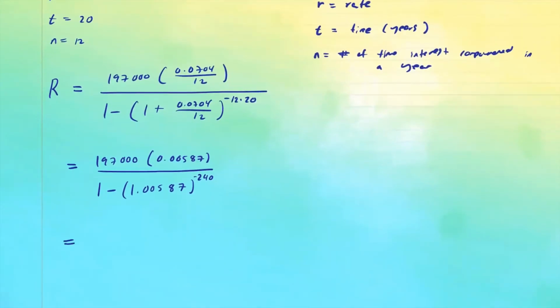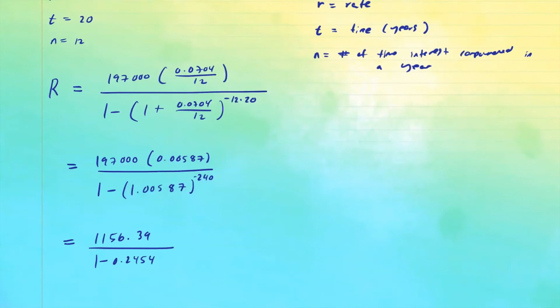So now if you multiply this, you will get about 1156.39. And divided by, on the bottom, you should get 1 minus 0.2454. So 0.2454 is the value of this expression right here.